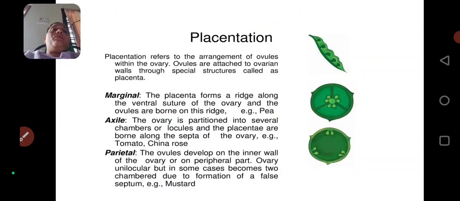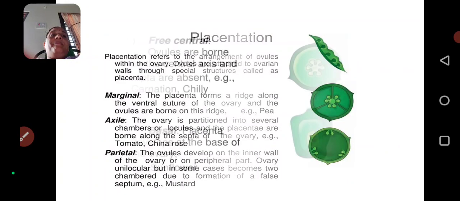Next, the important topic is placentation. Placentation is very essential.